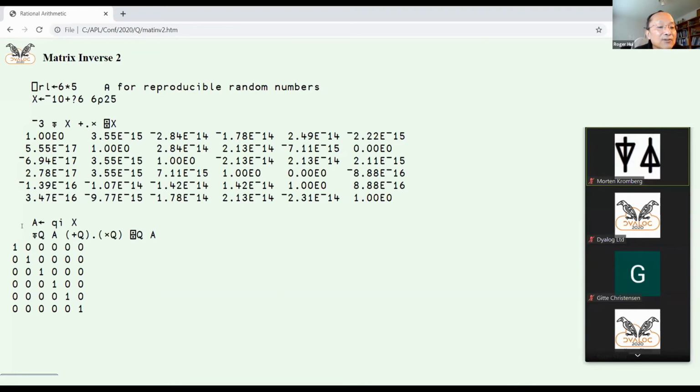And then the rational version. First, convert the matrix into rational numbers, invert it by using domino Q, and then do the matrix product using rational arithmetic, and get the identity matrix.